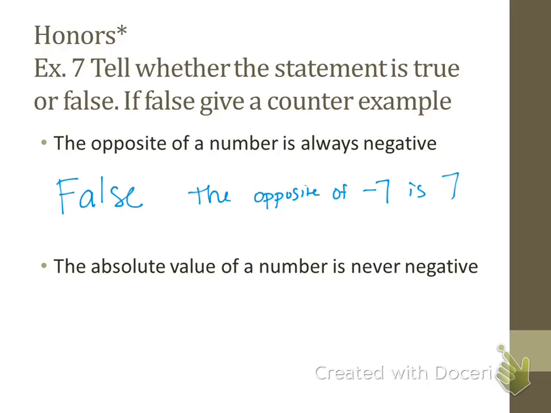The absolute value of a number is never negative. True or false, Vincent? False. Because that example that you just did was like a negative. Which example? The one before that where there was a negative sign on the outside. Okay, but when there's a negative sign on the outside, is that the absolute value?